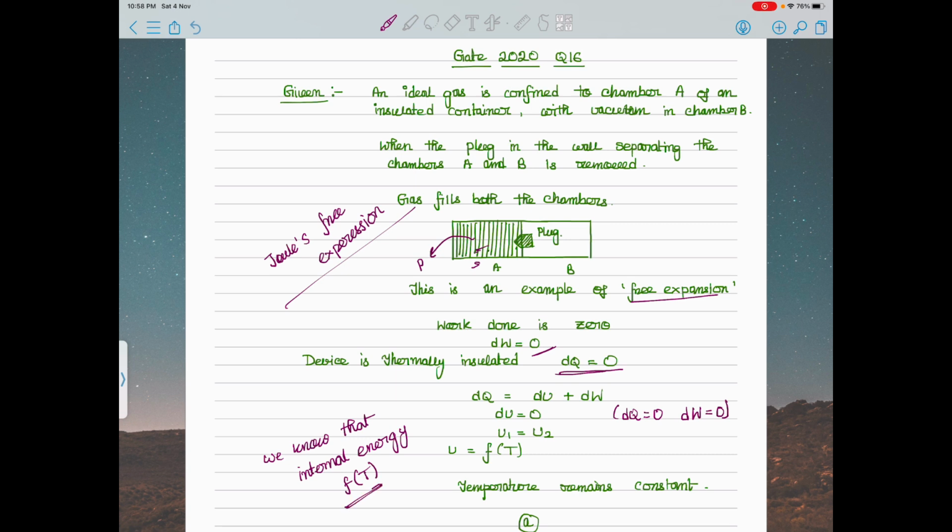We have seen that in your kinetic theory of gases. From kinetic theory of gases, it comes out that the kinetic energy is about 3/2 kBT. So it only depends on the temperature. So U is a function of temperature. Now since U is constant here, we can clearly mention that temperature also remains constant. So A is the correct option.